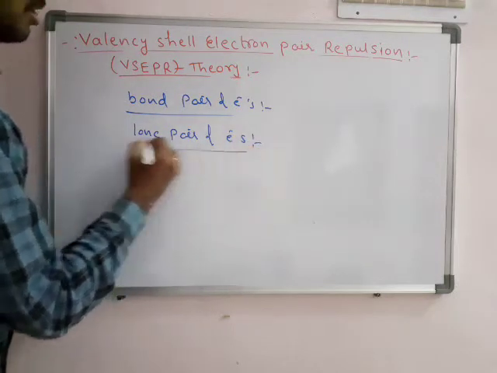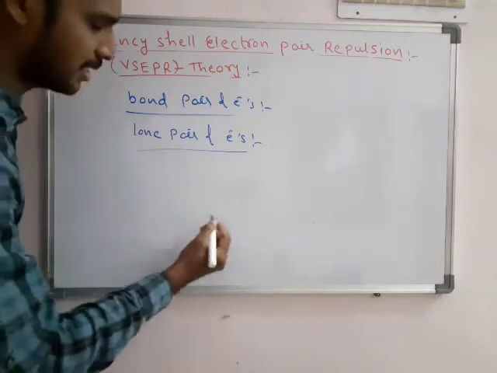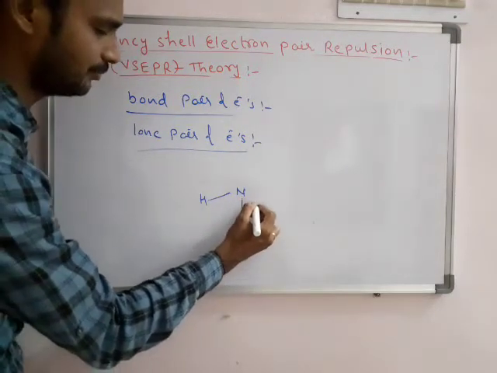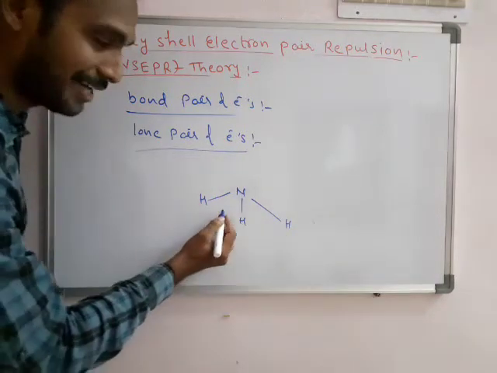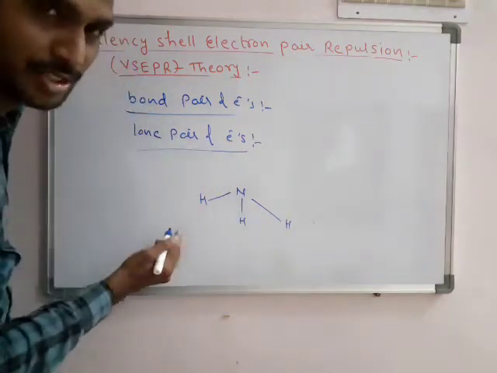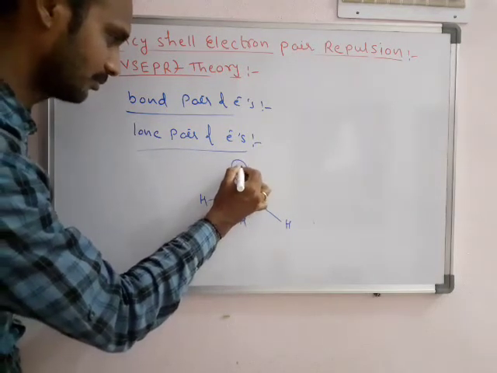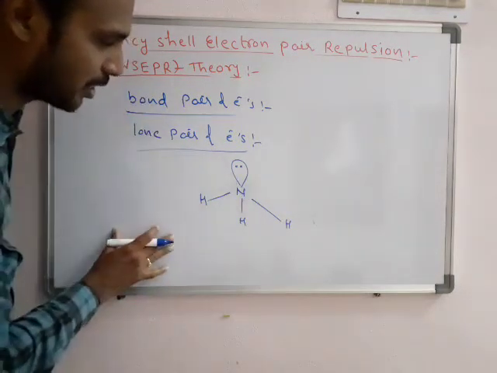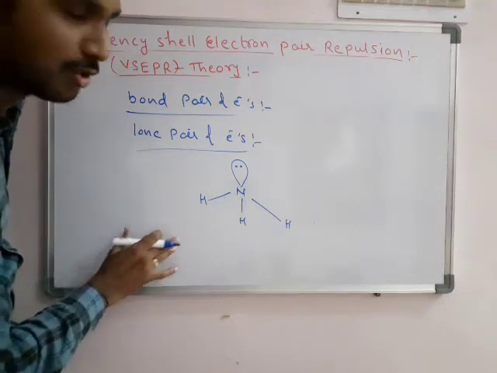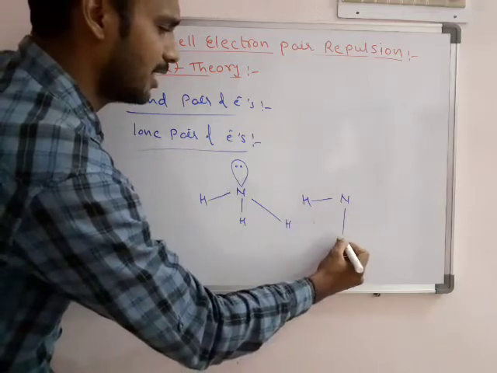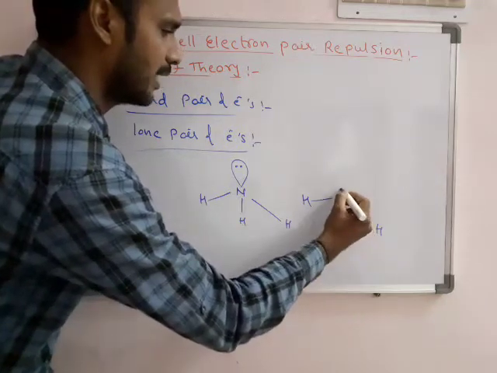Now what about the lone pair of electrons? For example, in an NH3 molecule, we know that nitrogen is in sp3 hybridization. At one position, one sp3 hybrid orbital has a lone pair of electrons.